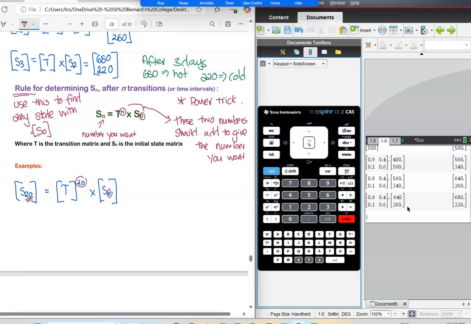It does, doesn't it? 20 plus 0 is still 20. So that would give you the answer. Now, see how we're raising the transition to a power. We can only raise square matrices to a power. Is a transition a square matrix? It is, isn't it? A transition is always square.